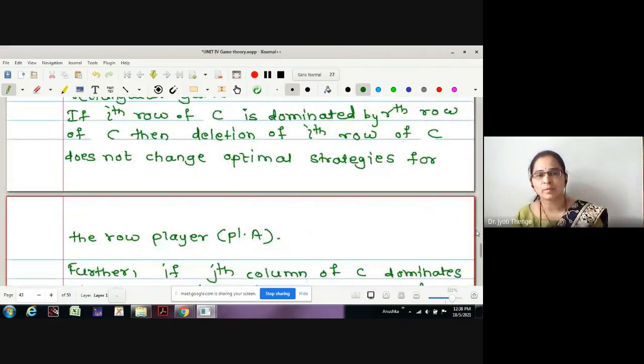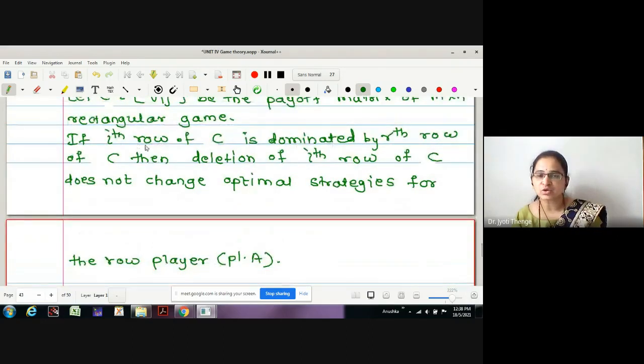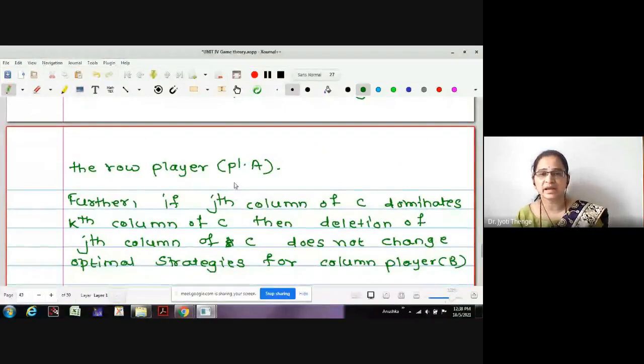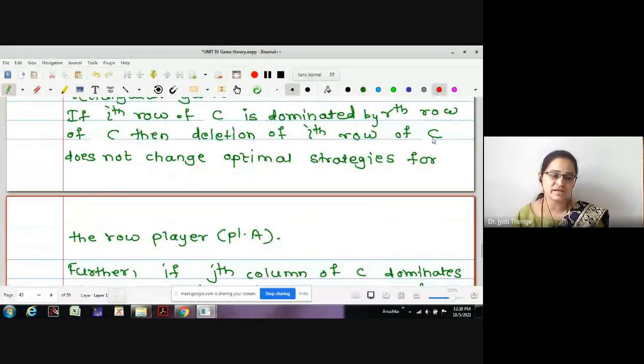What does dominance say? If the ith row is dominated by the rth row, that is, the rth row is superior, then we can delete the inferior row. Deletion of the inferior row does not change the optimal strategies for player A. Therefore, which row have we deleted? The inferior row.